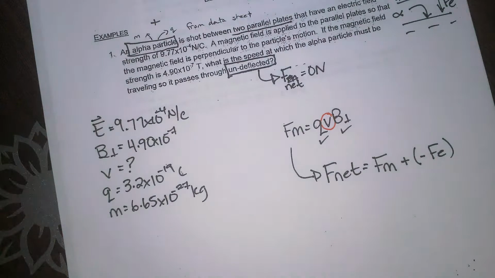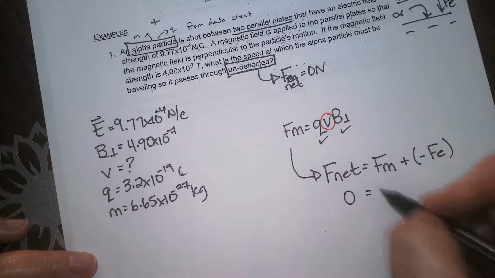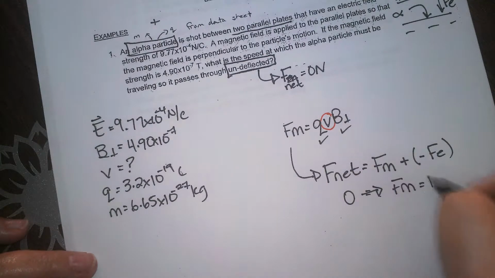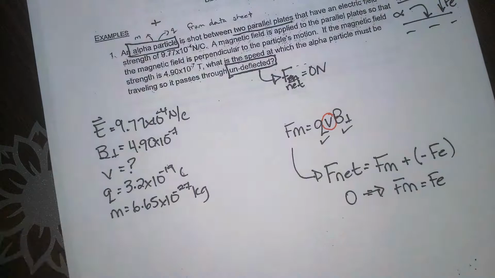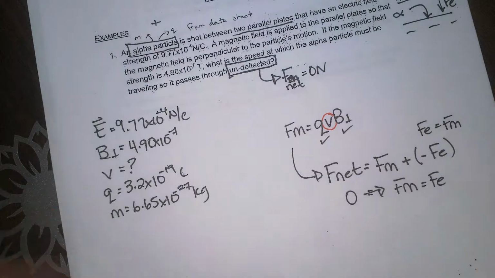Force net is 0, which means that force magnetic would be equal to force electric. Or force magnetic is equal to, if you write it in the opposite, so that you get positives and positives.